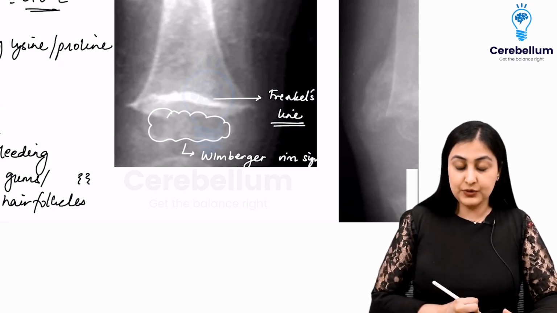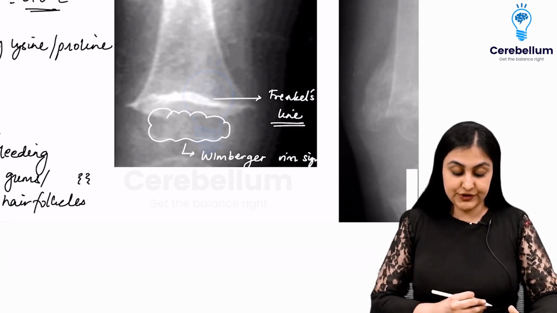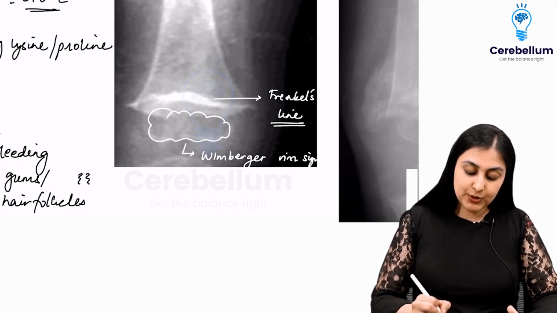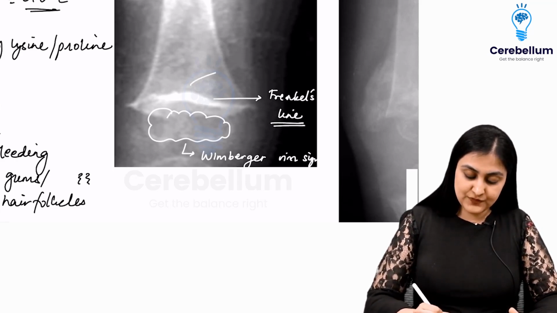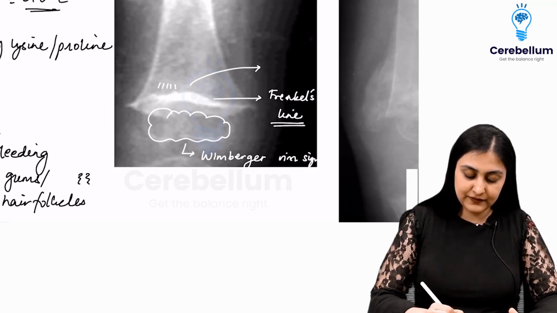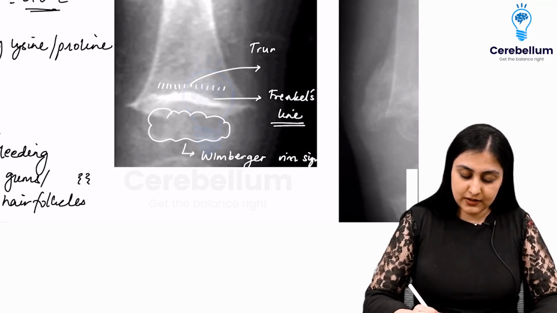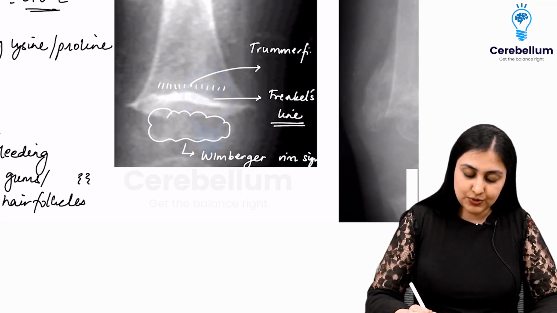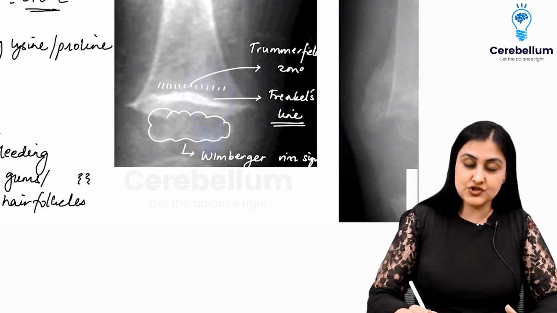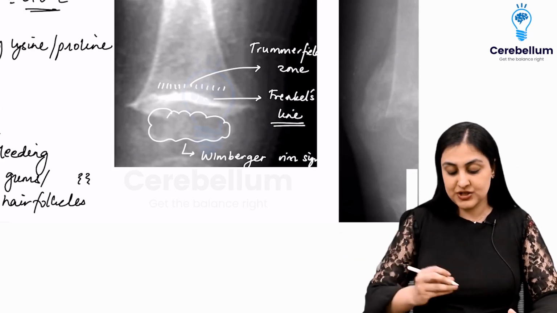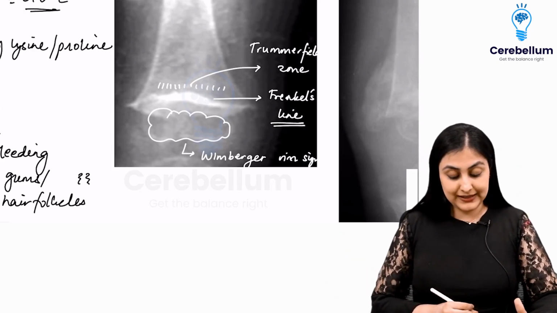So there's a rim around the epiphysis, Wimberger rim sign. Now, where you have the white metaphyseal line, just here, you're going to have this lucent zone here. This is called the Trümmerfeld zone. So you have the Trümmerfeld zone here, which is the zone of lucency just above the Frankel's white line.